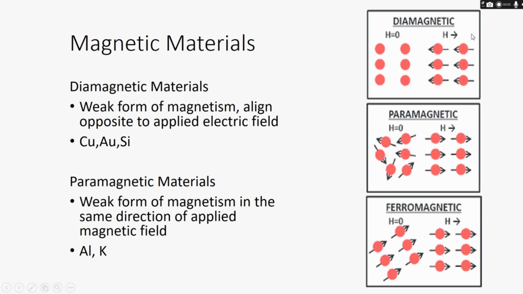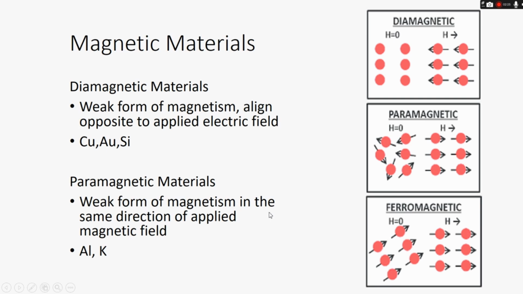But when they are placed in a magnetic field, the dipoles will align opposite to it. So this is the direction of the magnetic field, but the dipoles are aligning in the opposite direction. Next is paramagnetic material. They show a weak form of magnetism.